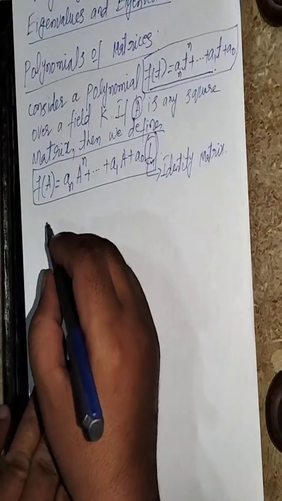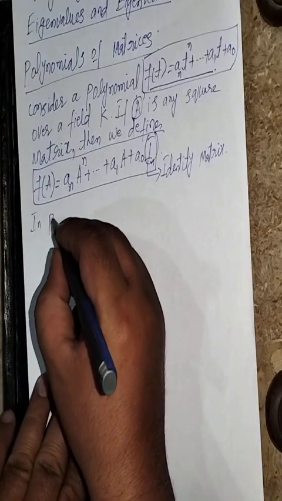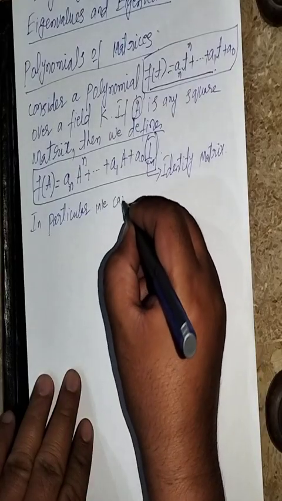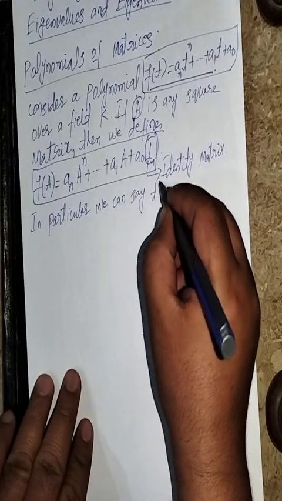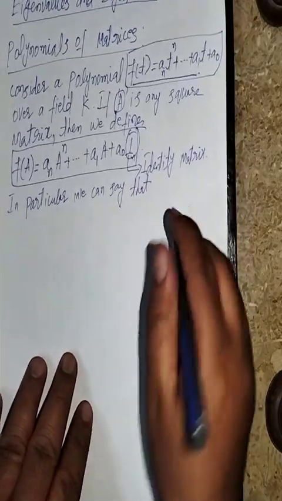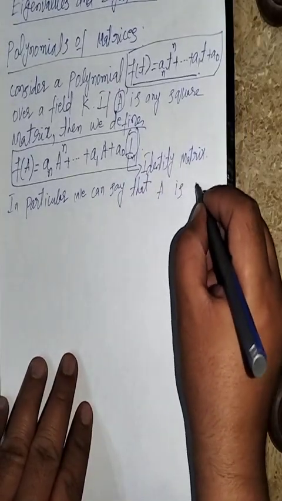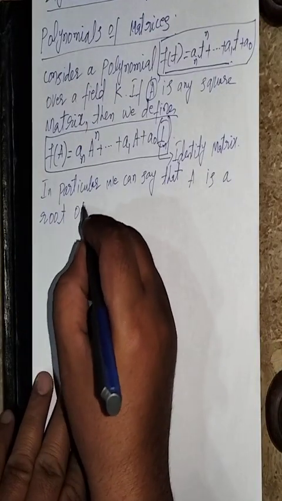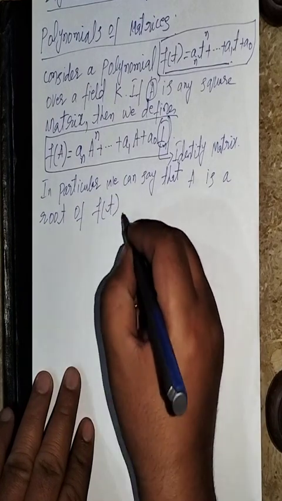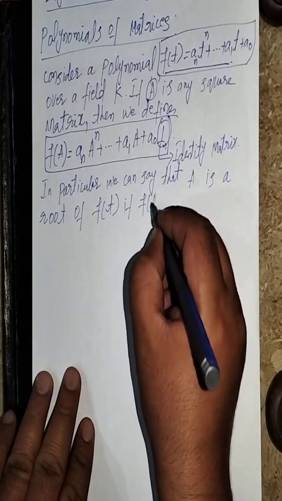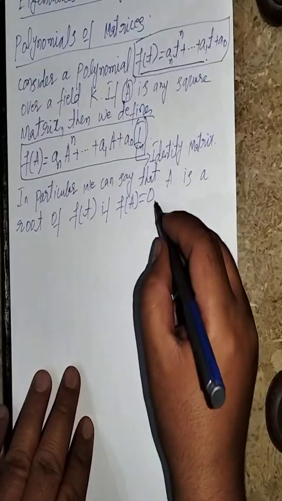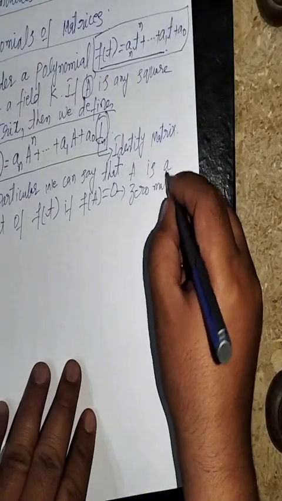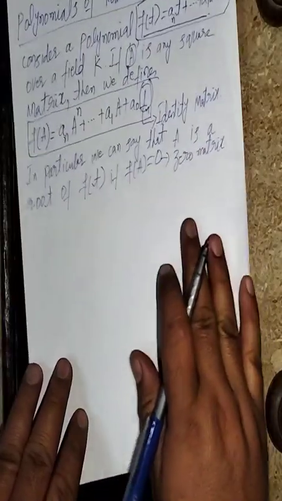In particular, we can say that A is a root of polynomial f of t if f of A equals 0, where this 0 is the zero matrix.